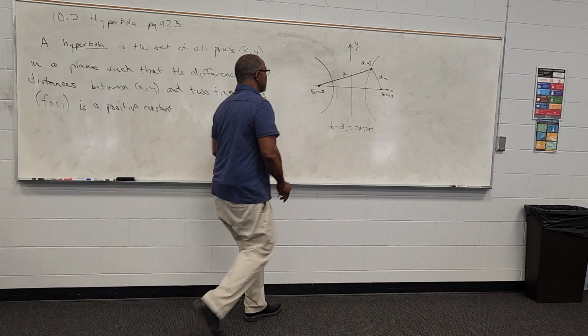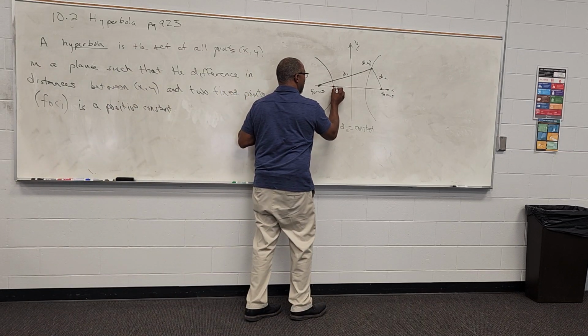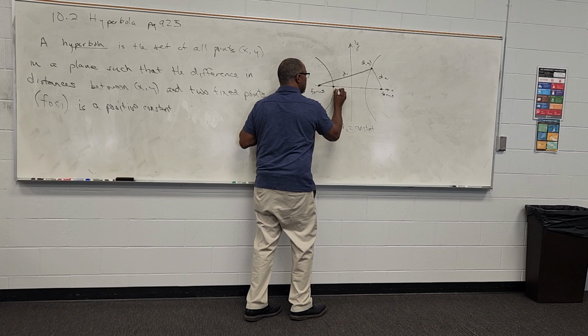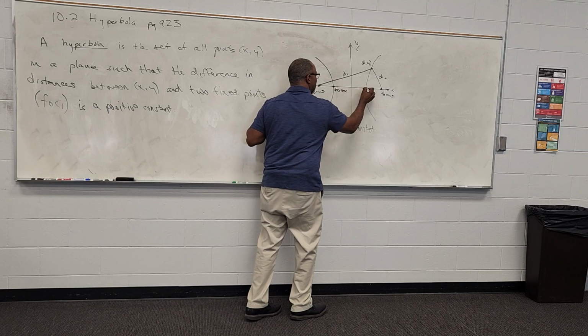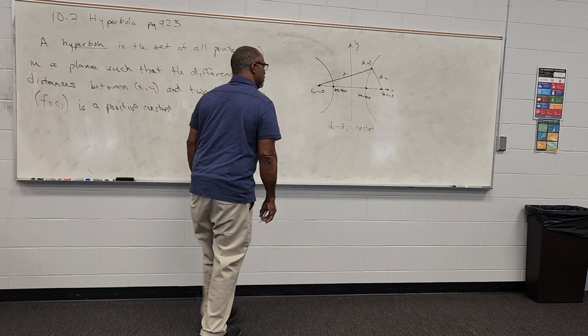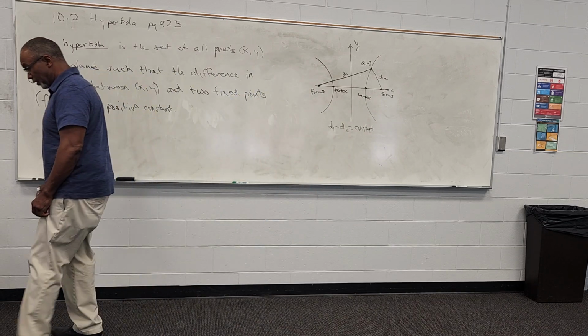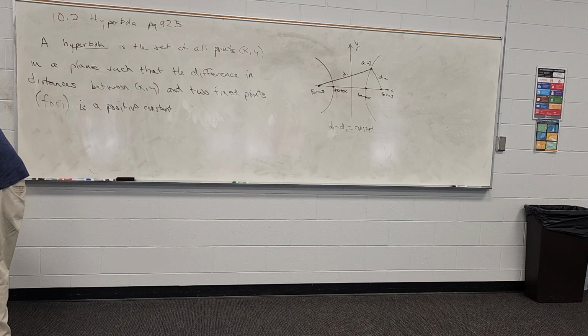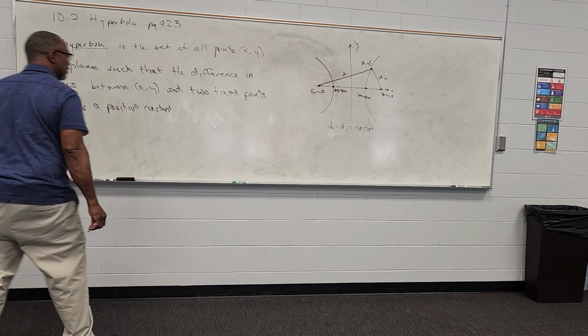Now, the hyperbola will have a vertex here and a vertex right here. We talked about the focus. The distance from one vertex to another vertex is called the transverse axis.